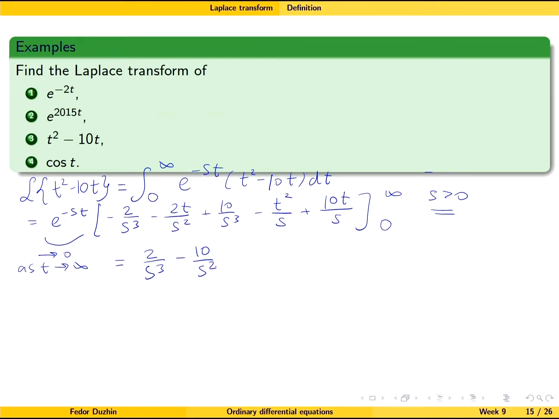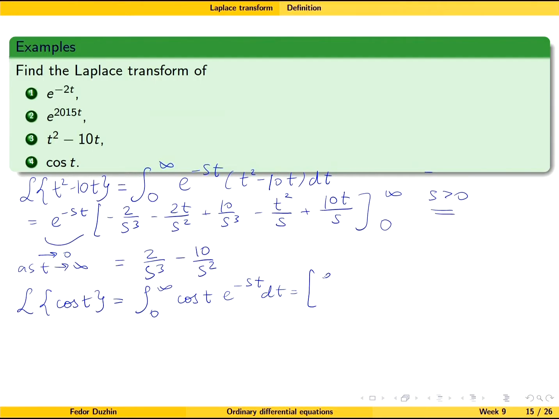Okay, and the last example is the Laplace transform of cosine t. Again, this is the integral from 0 to infinity of cosine t times e to the minus st dt. And again, I'm going to use Wolfram Alpha to find the antiderivative.